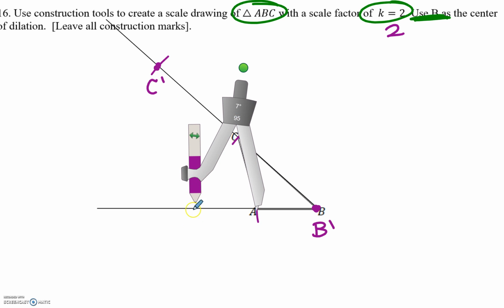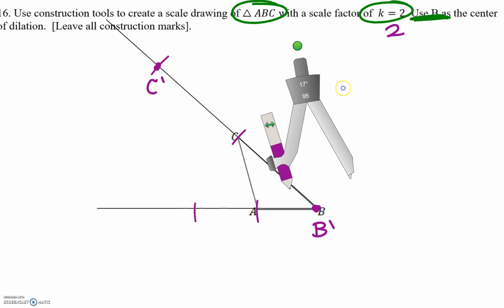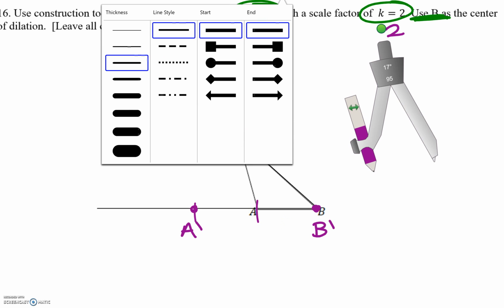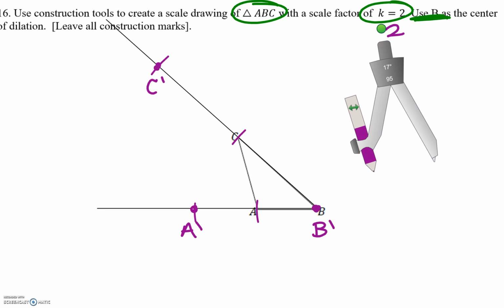So without moving the compass's opening, we're going to put our needle at A, make another mark for 2 times the distance, and call that A prime. So we took a triangle and we dilated it with a scale factor of 2, which means our final image has to be a triangle. So we have triangle A prime, B prime, C prime.